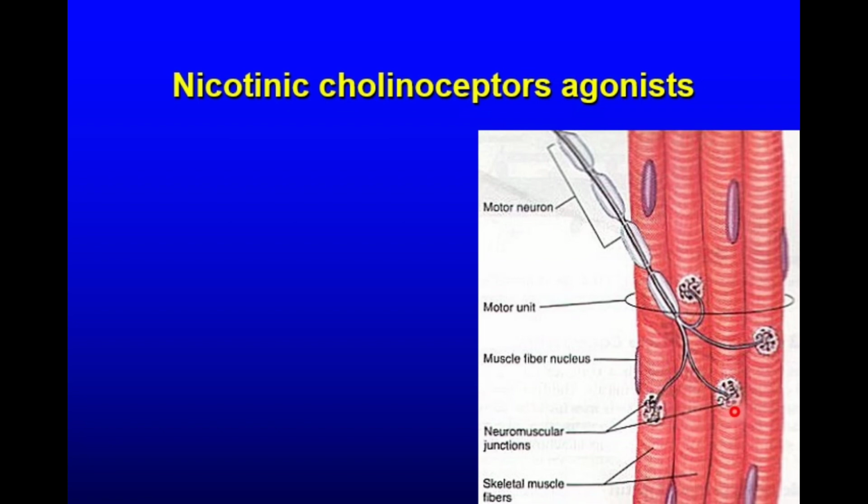Here, the muscle cell membrane is specialized to form the motor end plate. The majority of mammalian skeletal muscle cells exhibit threshold behavior. That is, if the end plate is depolarized enough, an action potential is triggered.